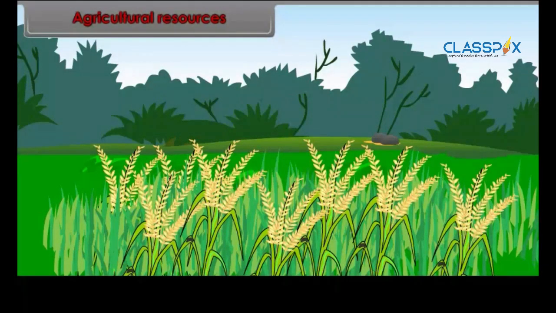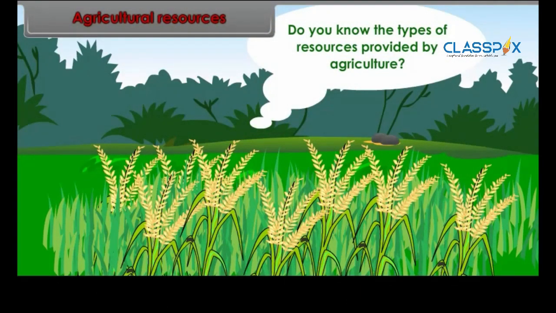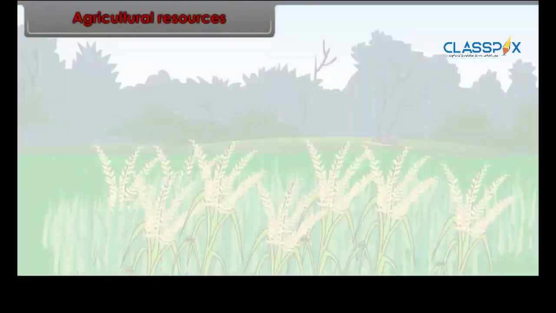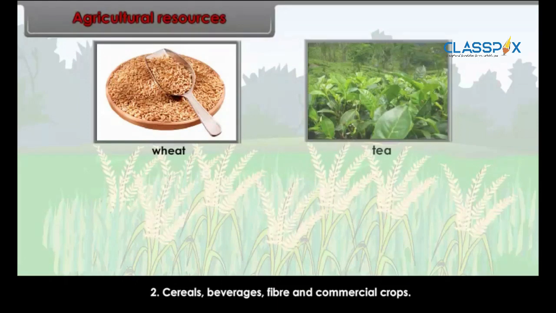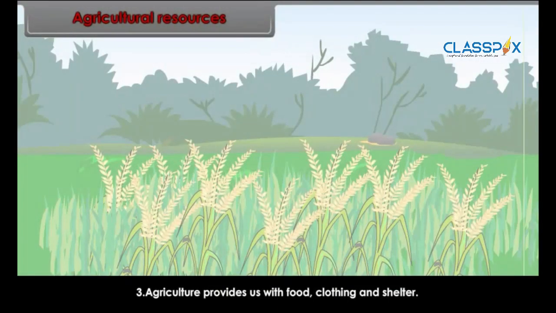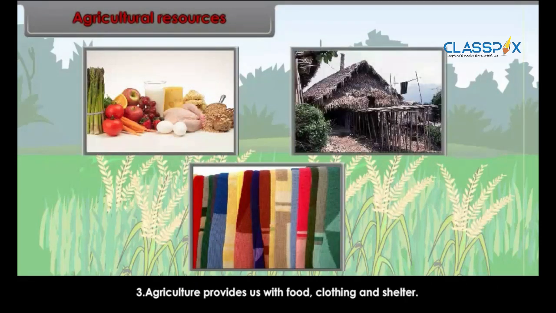Agricultural resources. The resources which we derive from agriculture are agricultural resources. Do you know the types of resources provided by agriculture? They provide raw materials to agro-based industries: cereals, beverages, fiber and commercial crops. Agriculture provides us with food, clothing and shelter.